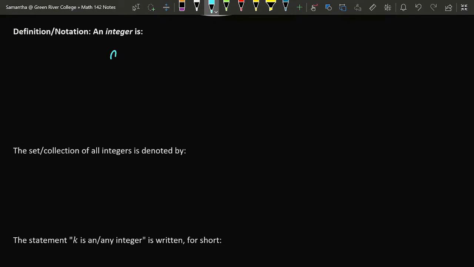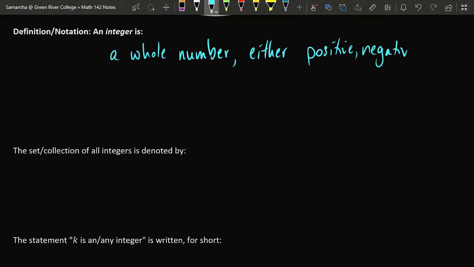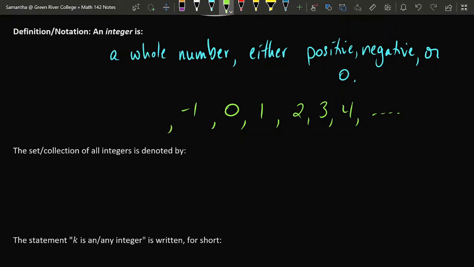An integer is a whole number, and the number is allowed to be either positive, negative, or 0. So the integers include the number 0 itself, as well as all the counting numbers 1, 2, 3, 4, etc., as well as all the negative versions of those numbers. Basically, fractions and decimals are not allowed when you're working with integers.